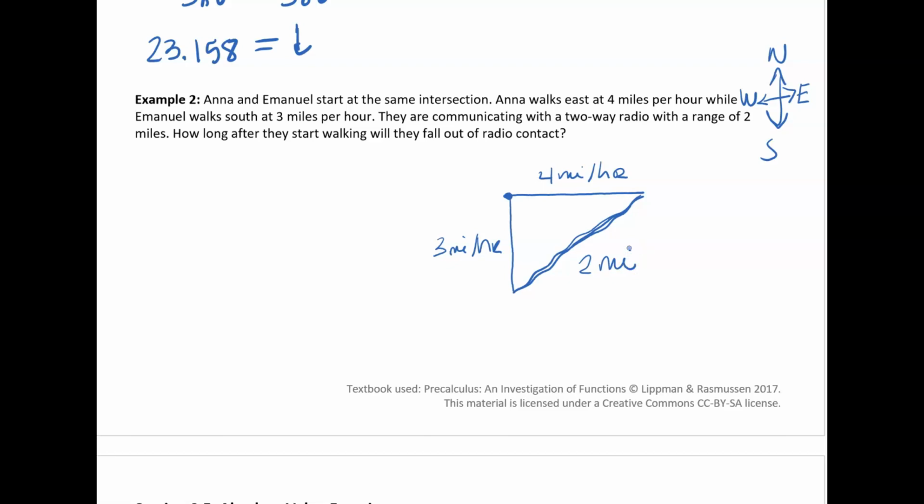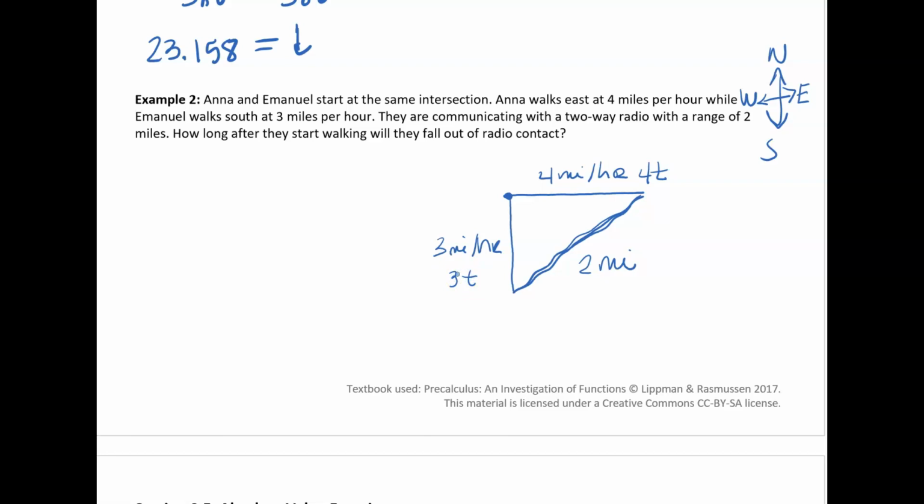We know that 4 miles per hour is their rate, their average rate of change. And so we're going to represent this by 4t. She's walking 4 miles per hour, multiplied by how much time has passed, and we get her distance. Then we're going to represent his by 3t.